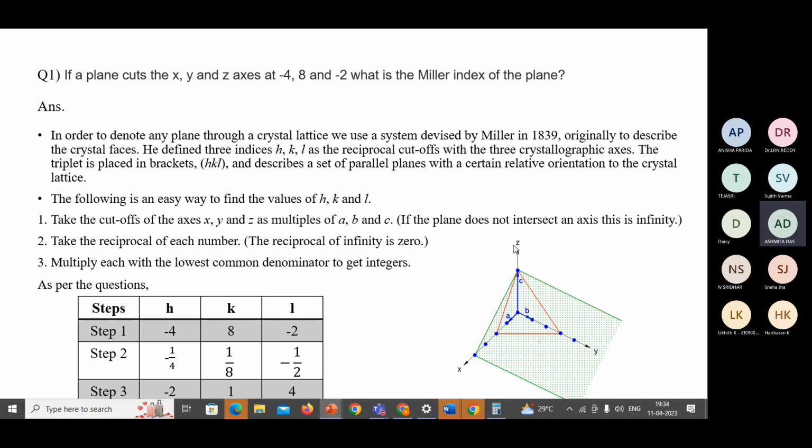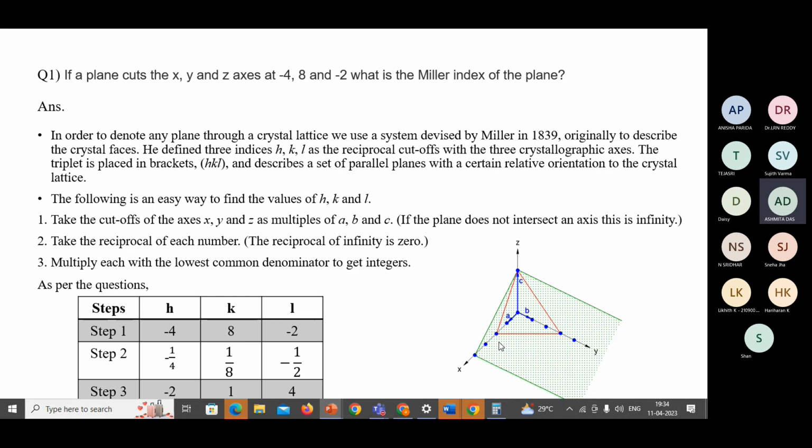So suppose these are the three crystal axes A, B, and C, and one plane cuts these three axes at three different points. Suppose we go for the red one. So there are 3 points. It cuts the axes, and we can find the plane of these Miller indices by three ways.